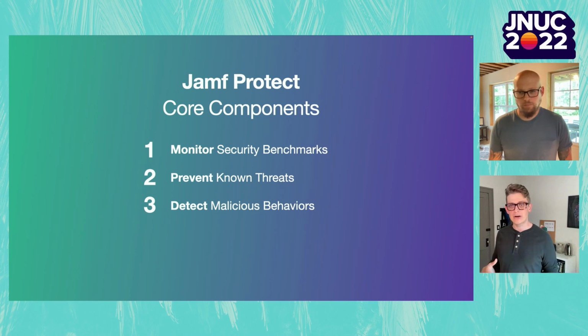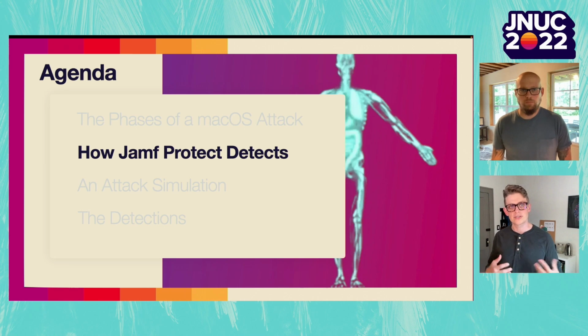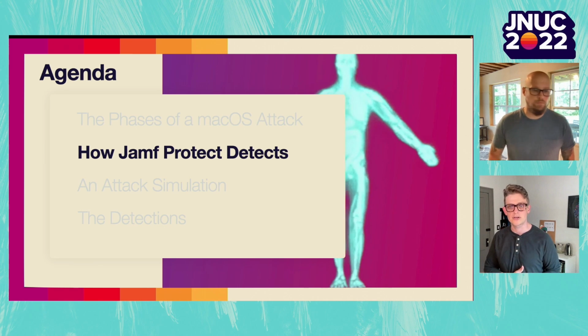So now that we've laid the groundwork in terms of the anatomy of an attack and how Jamf Protect is able to pick up on those different aspects of an attack, let's move on to my favorite part of the session, which is a realistic Mac attack simulation.